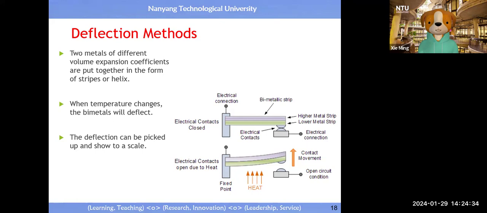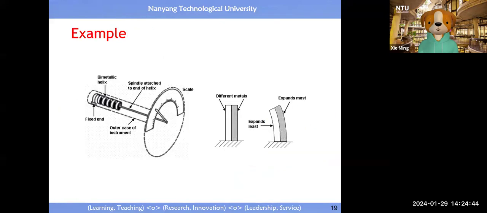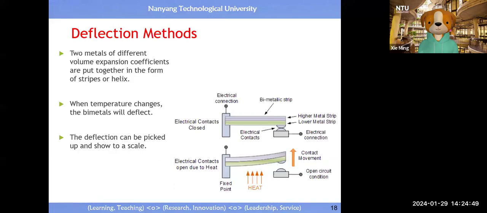Then based on this property, we can convert this deflection into resistance or another physical quantity. So this is another working principle. And for this slide, we are showing that you can put two pieces of metal face to face. Then you will see the deflection in one direction, right?